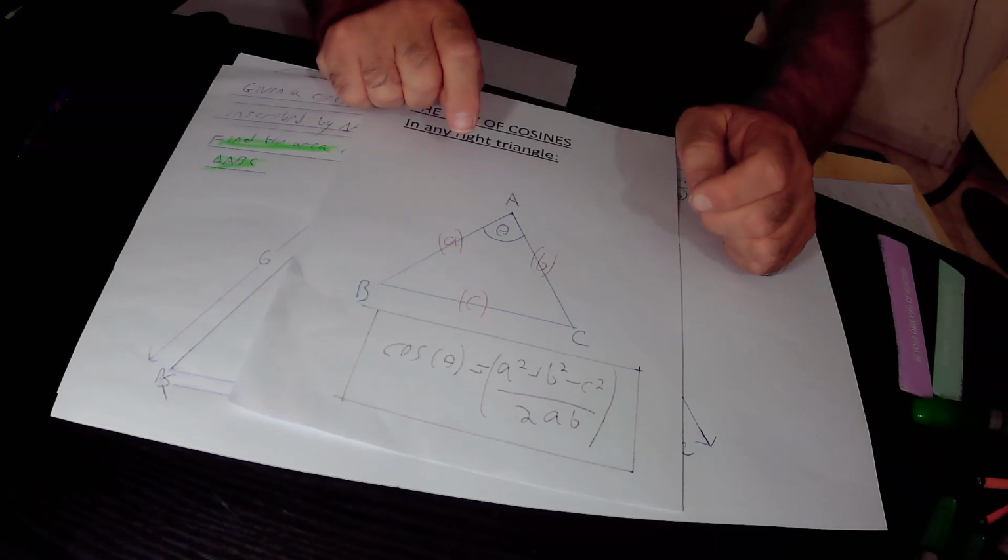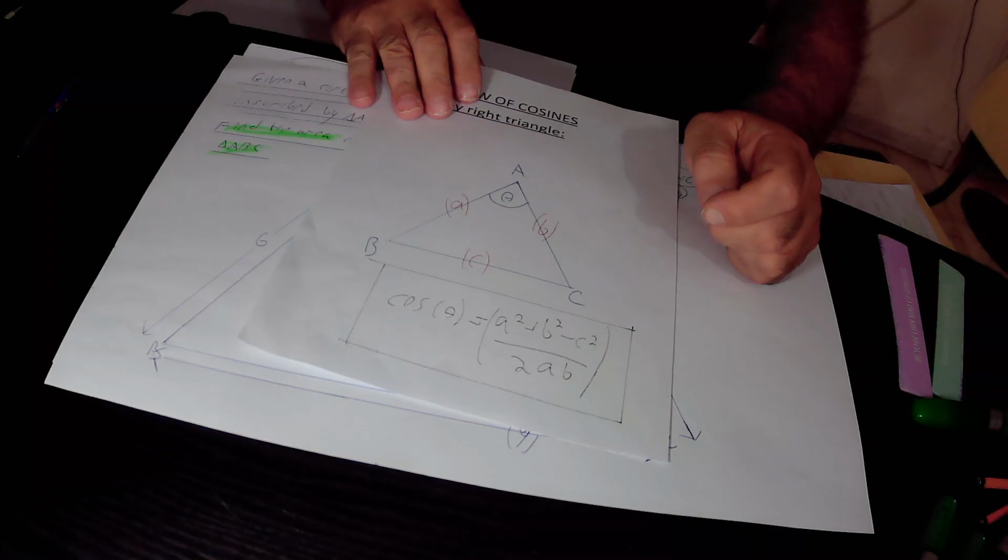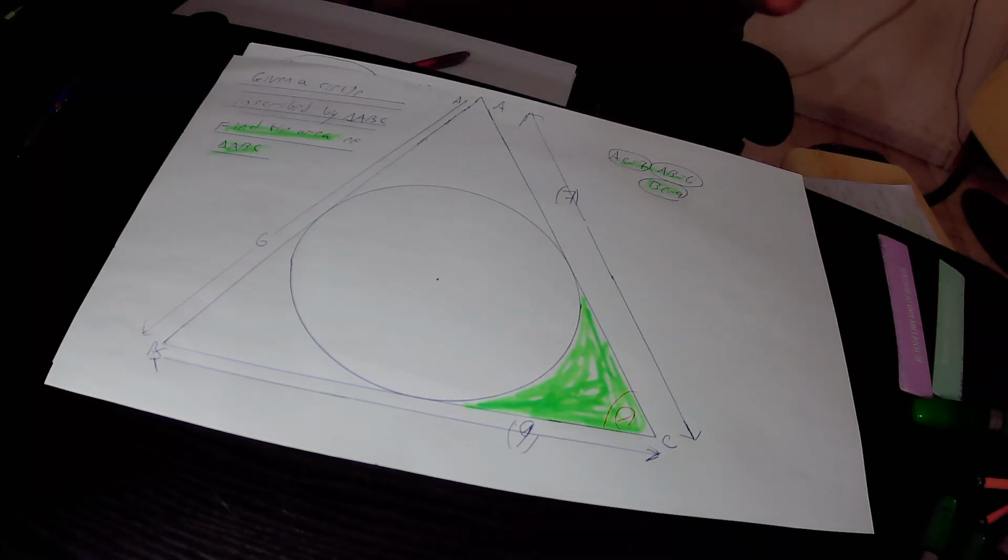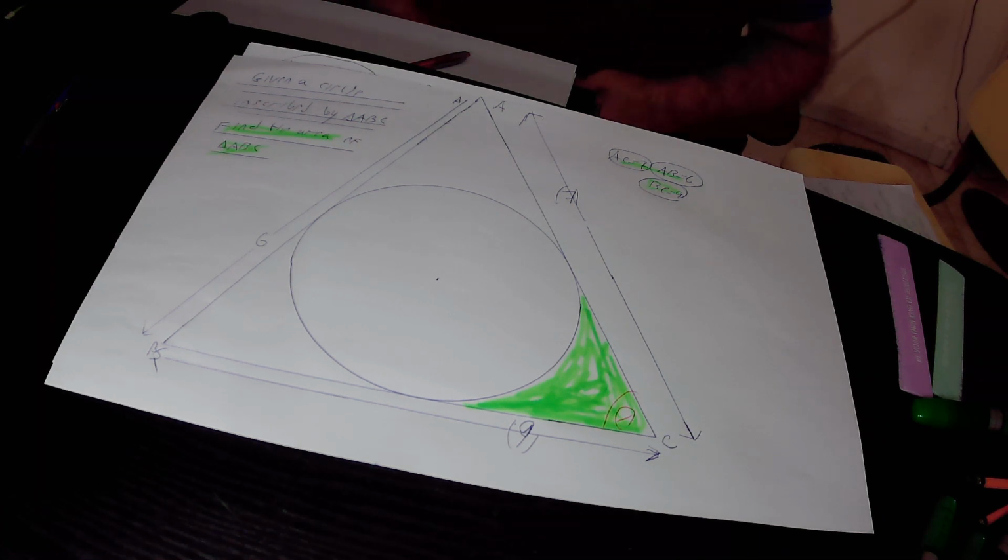So we can implement the law of cosines in our drawing. Implement the law of cosines in triangle ABC.